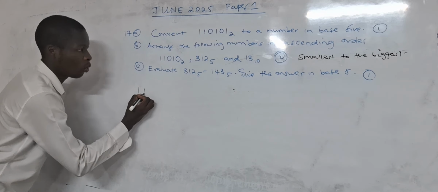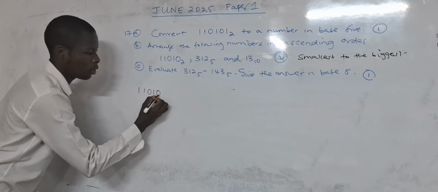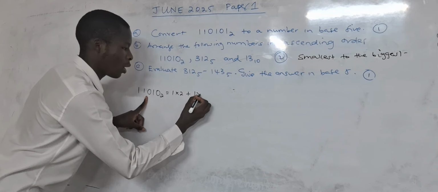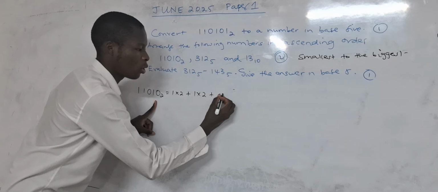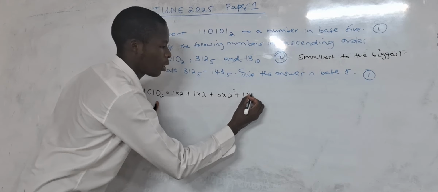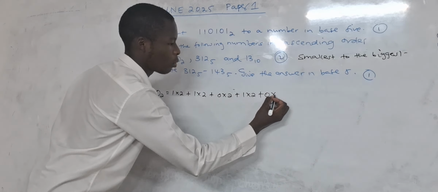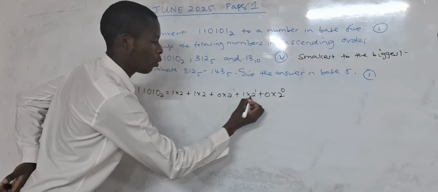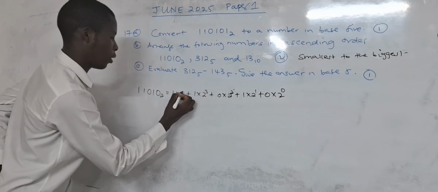This is 11010 base 2, which is equal to 1 times 2^4 plus 1 times 2^3 plus 0 times 2^2 plus 1 times 2^1 plus 0 times 2^0.